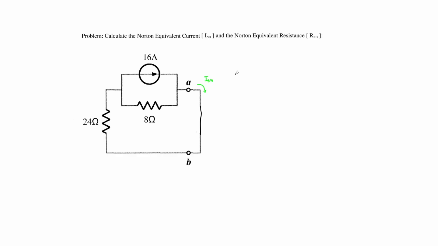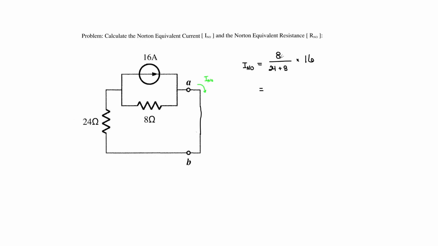Now, solving accordingly, this is a current divider problem, so we're going to need the resistance of the opposite branch we are evaluating divided by the total resistance of the circuit, which will be 24 ohms plus 8 ohms, multiplied by the current flowing through the opposite branch, 16.